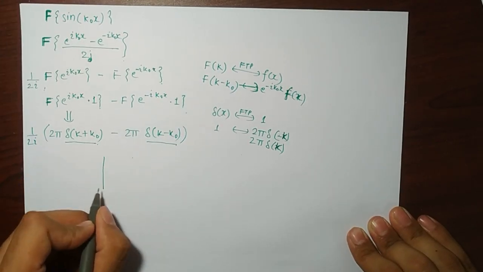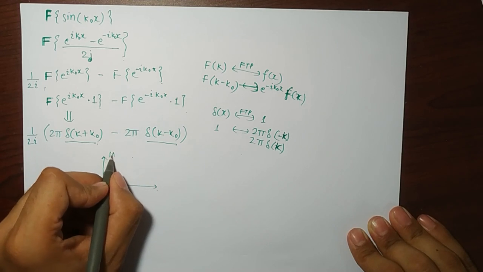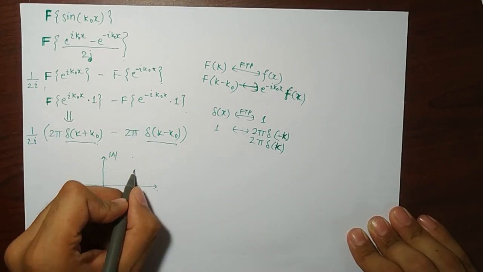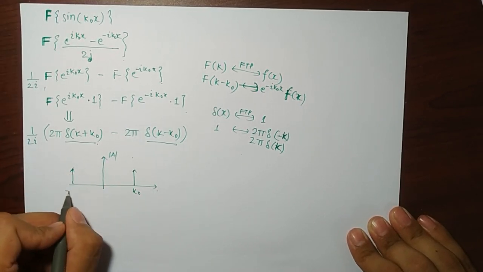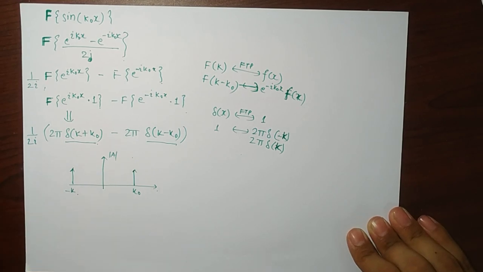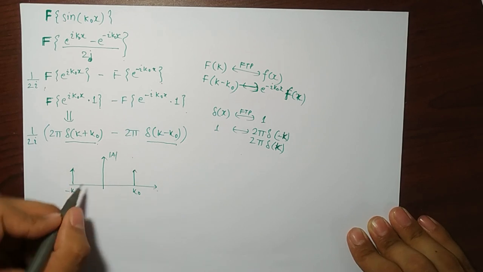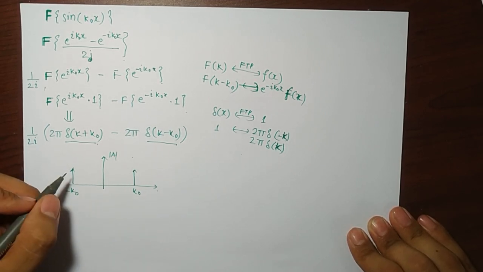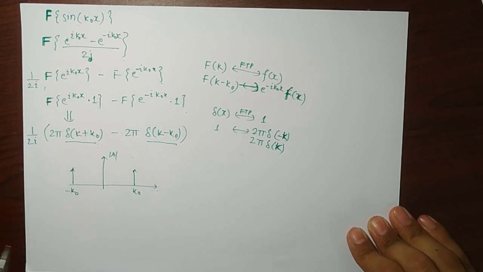When you draw the magnitude spectrum of this function, you'll get one signal at k naught and one signal at minus k naught. Since these functions are symmetric, that's why I'm getting the mirror image at minus k naught. So this is what we got when we were doing the mathematics also.